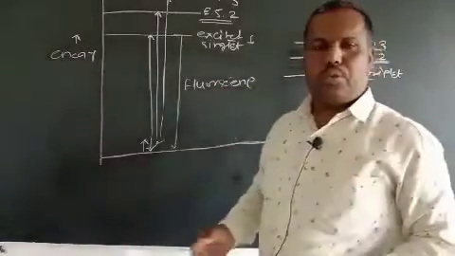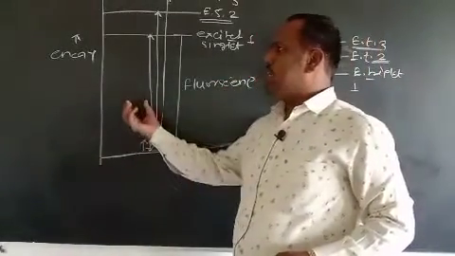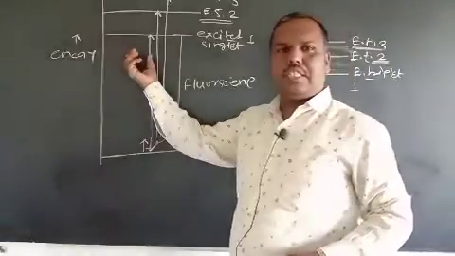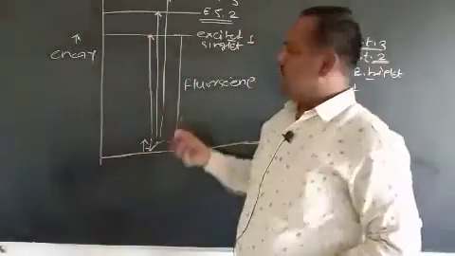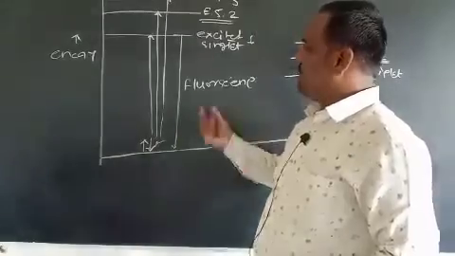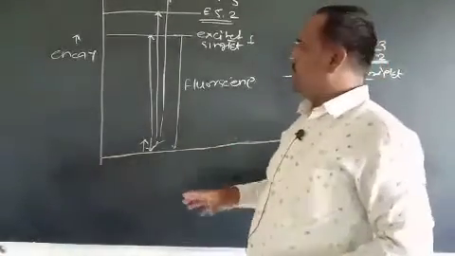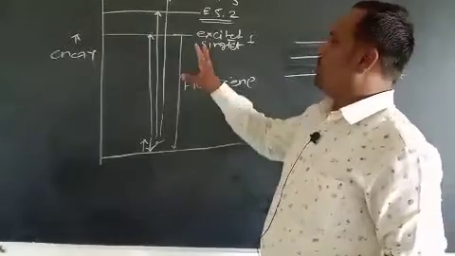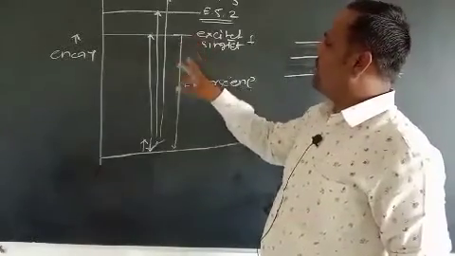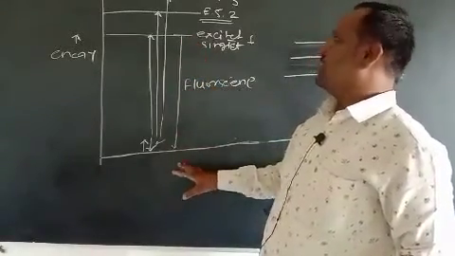So a molecule present in the ground state absorbs light radiation, goes into the excited state and returns to the ground state with emission of radiation. Fluorescence is observed from the excited singlet state to the ground state.